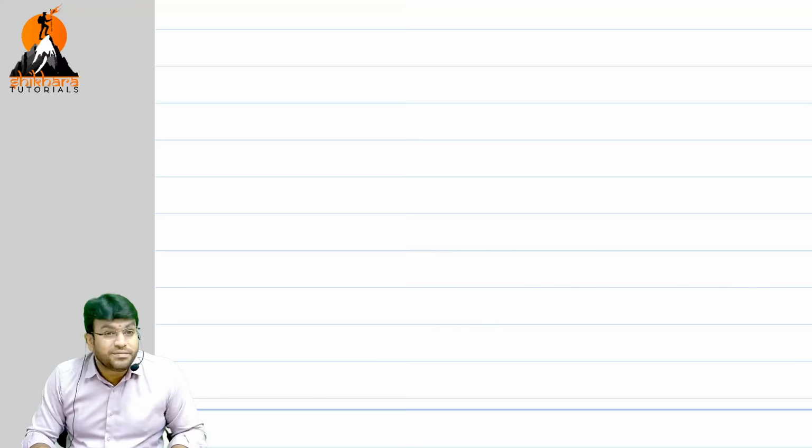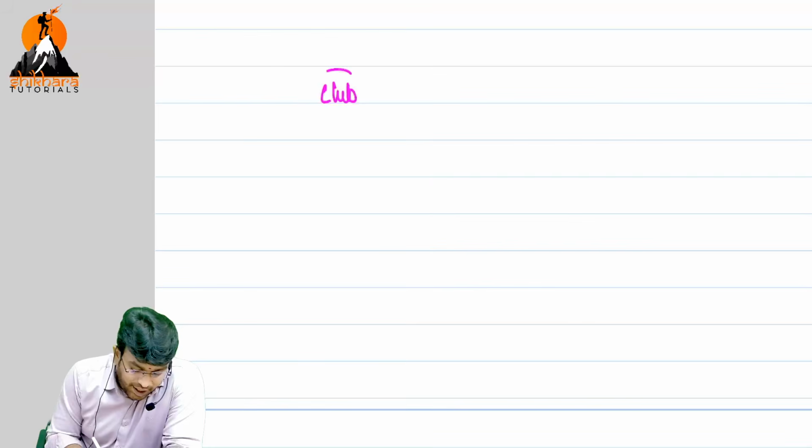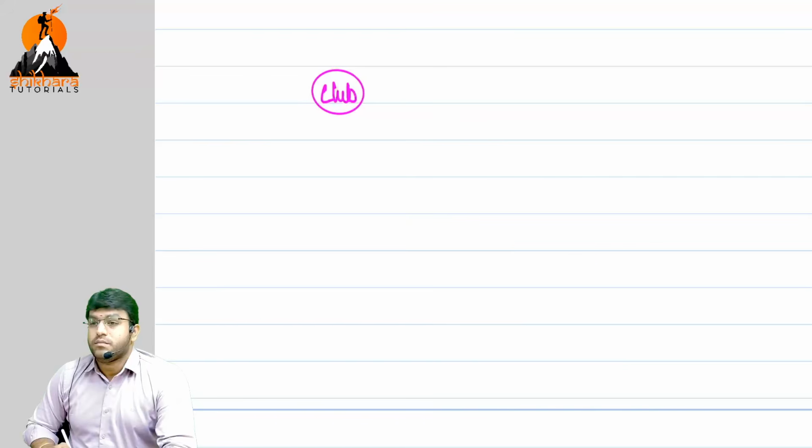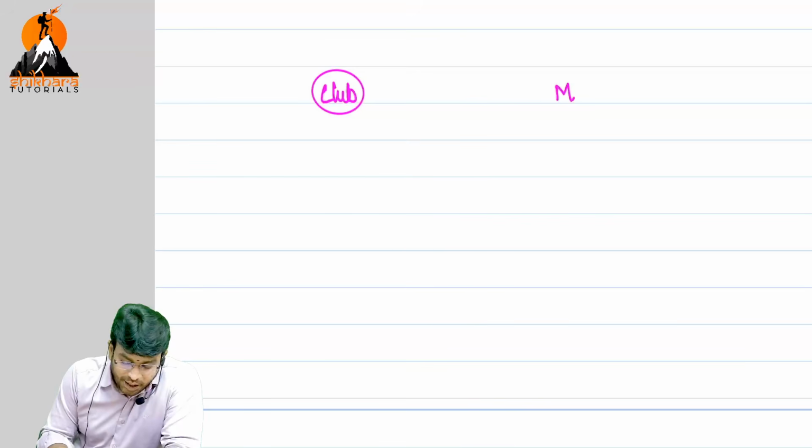Complete clarity? I have a question. There is a club. I didn't say pub, I said club. And there are some members. For example, Lions Club, Rotary Club. Heard these names, sir?